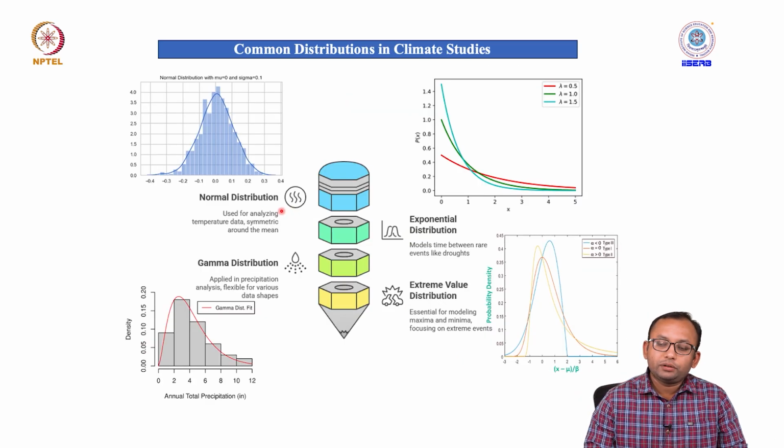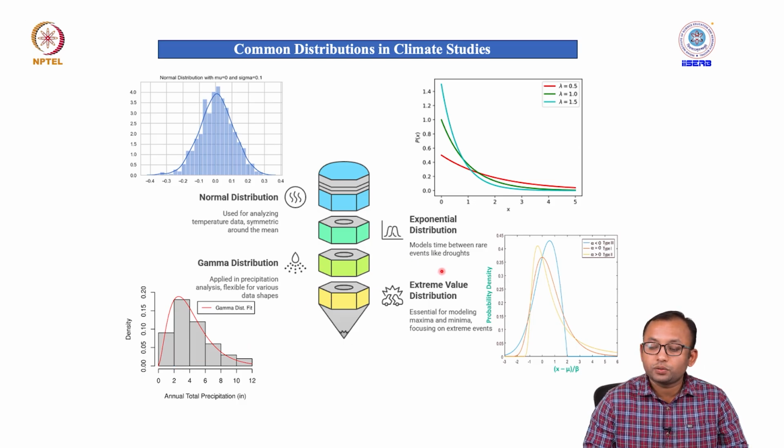So, we have talked about different types of distribution functions, such as the normal distribution. Sometimes it is used for analyzing temperature data, because the quantity can go in both the negative and positive direction at different time intervals. Then we can also use the gamma distribution, where we look at precipitation extremes and fit it to the data to find out the overall change in the pattern of the distribution.